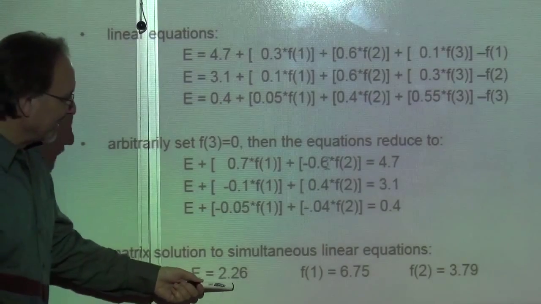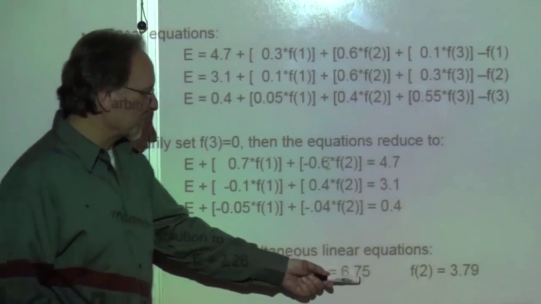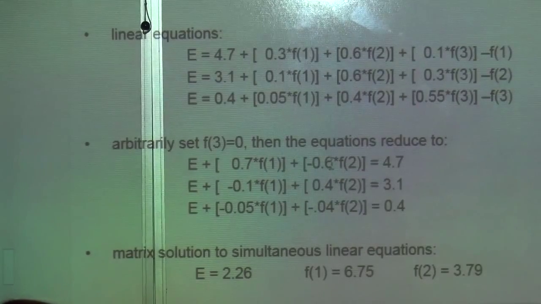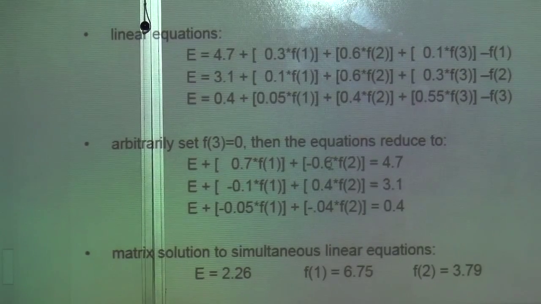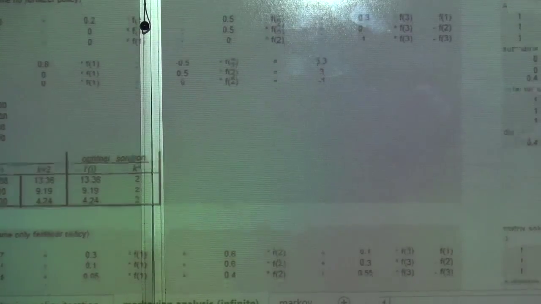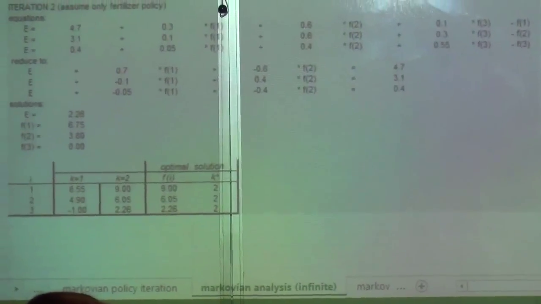And in this case, the E came out to 2.26, the F1 came out to 6.75, and F2 came out to 3.79. Let's go look at the spreadsheet just to prove that to ourselves. This is for iteration 2, and the always fertilization policy.